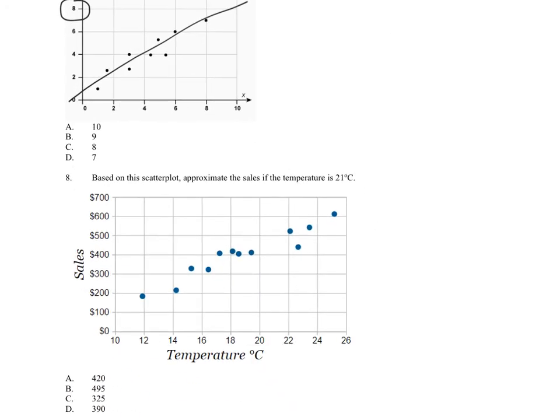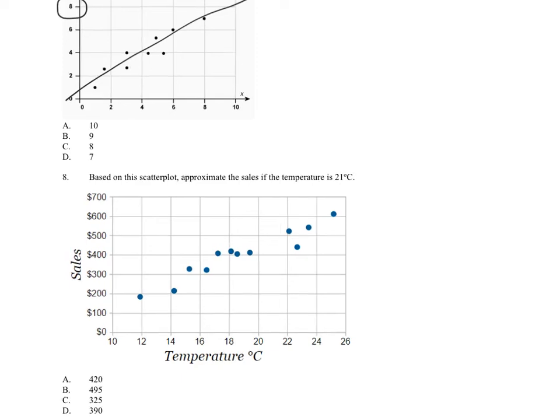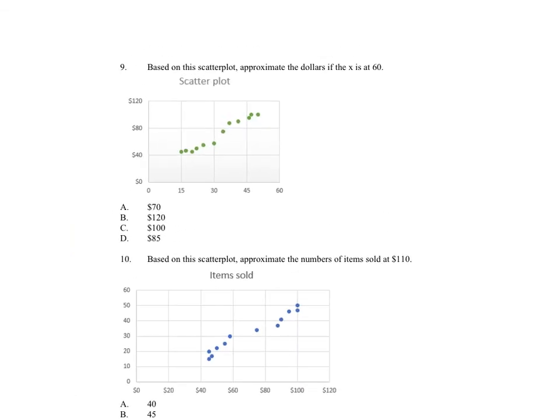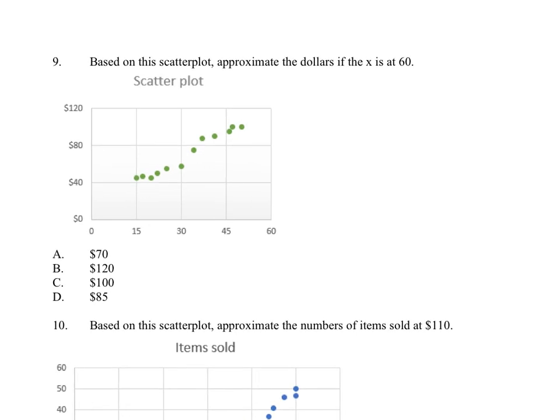Number 8, again, based on the scatter plot, approximate the sales if the temperature is 21 degrees Celsius. 21 degrees Celsius is here, which would fall into about this area. Try them all out. Try 420, 495, 325, and 390. Number 9, approximate the dollars if x is at 60.